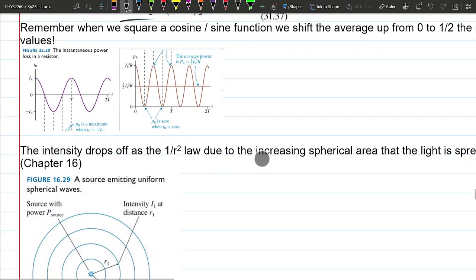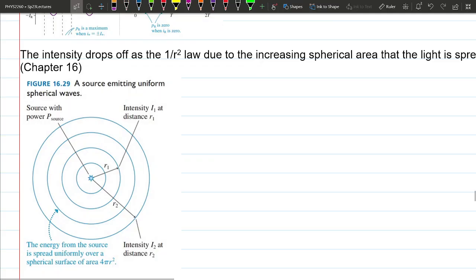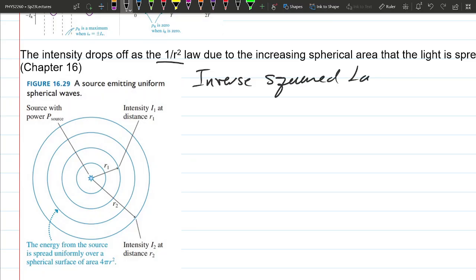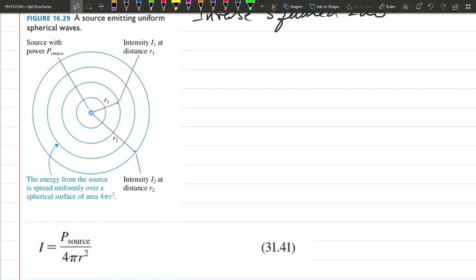Last thing I'll talk about today is how, just like with sound waves, the intensity of a wave drops off as 1 over r squared. This is the inverse square law. You can imagine you have some source of light, sound, ocean waves, whatever wave you want.